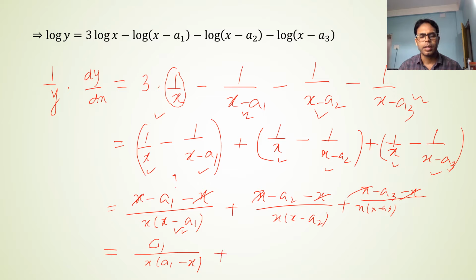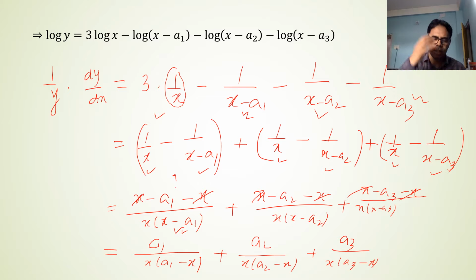You do this in the remaining part also, that is you write a2 divided by x into a2 minus x here, and plus here also, absorbing the minus, you will have a3 divided by x into a3 minus x. So after that you just take x common, and then finally we will get the answer. You see, I am erasing this. You see the answer first.